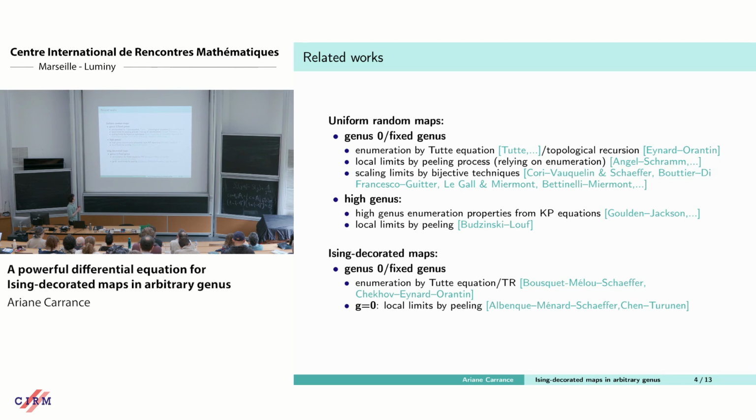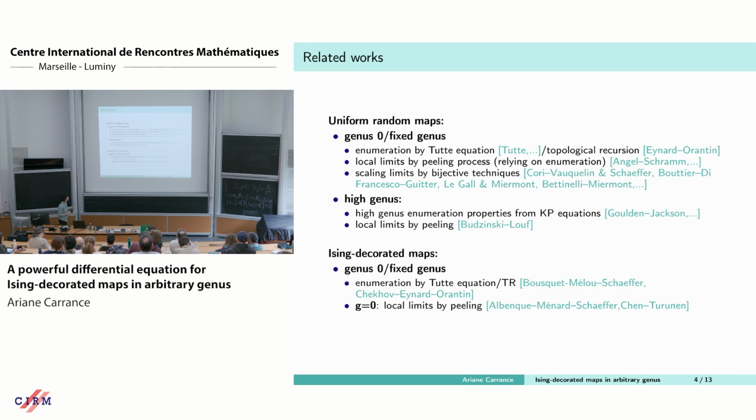So here you have results for genus 0, and for scaling limits you also have results in non-zero but fixed genus, with recent work by Bettinelli and Miermont. And if you look at high genus, so when you take a map of size n with its genus growing as a function of n, you have enumeration results that come from KP equations that I'm going to mention again later on.